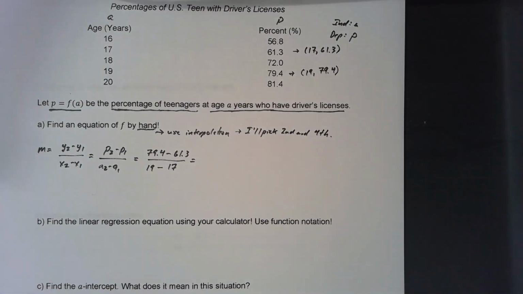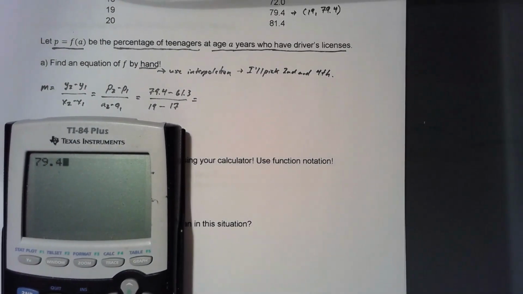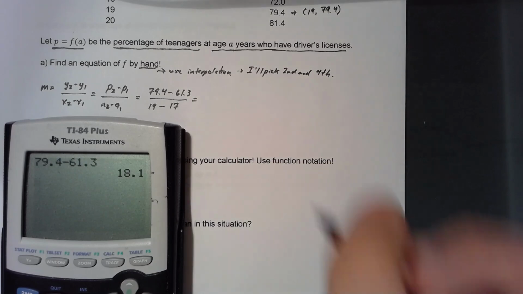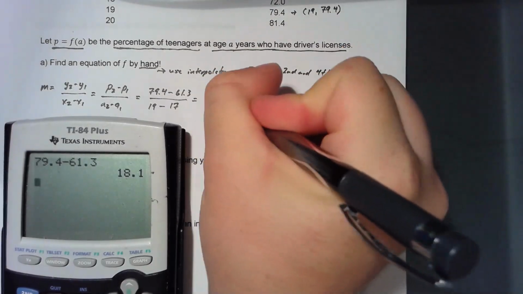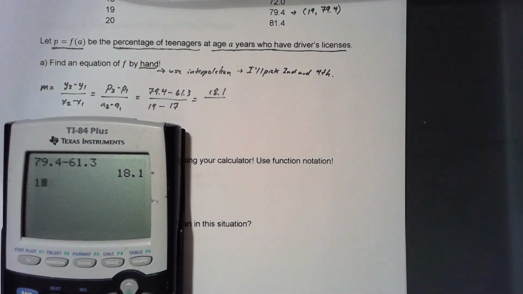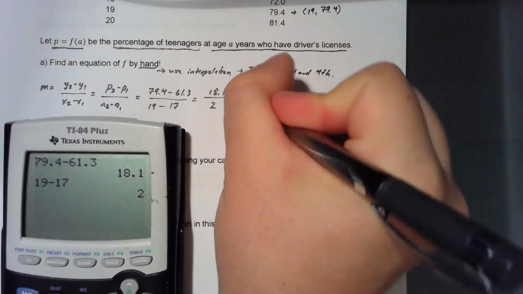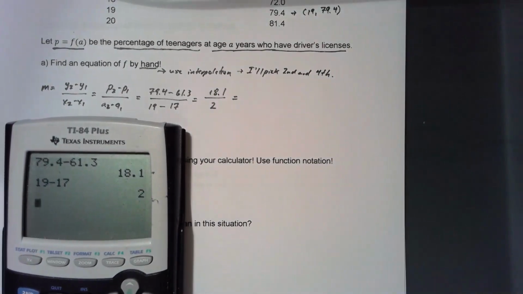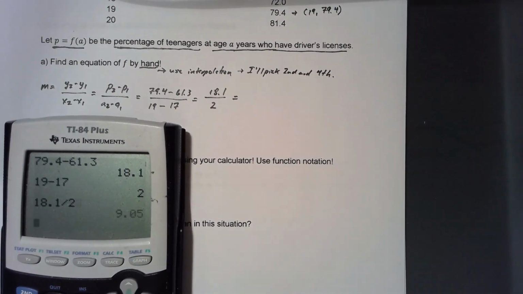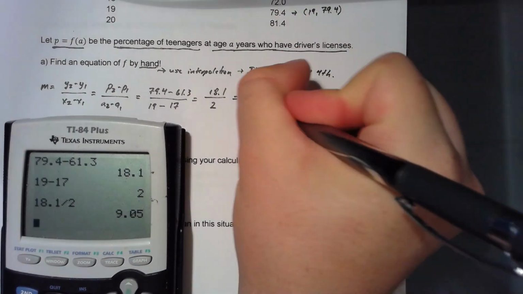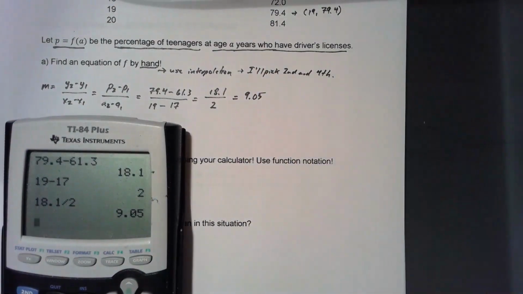Alright, so let's whip out our calculator. 79.4 minus 61.3 gives us 18.1 in the numerator. 19 minus 17 gives us 2 in the denominator. So when I do that, 18.1 divided by 2 gives me 9.05 as the slope.